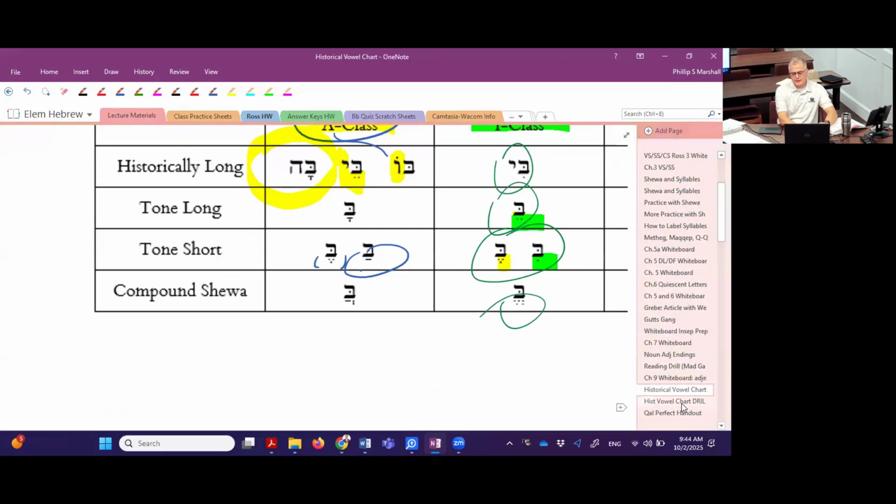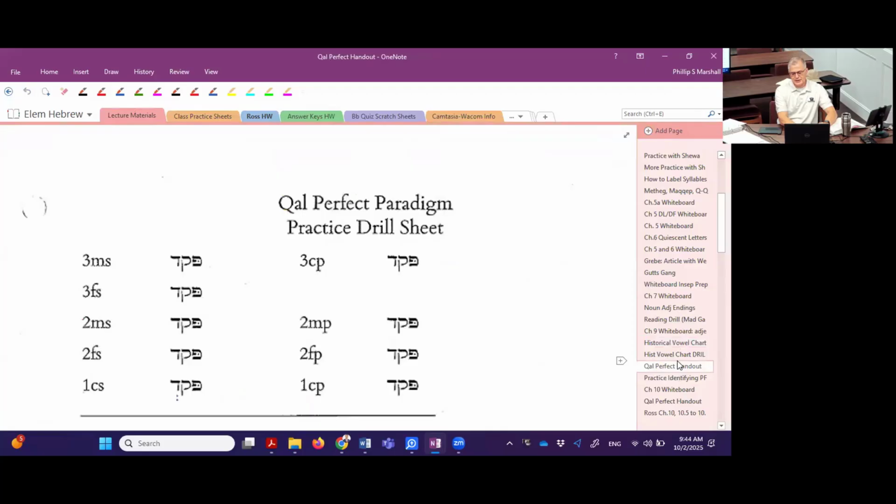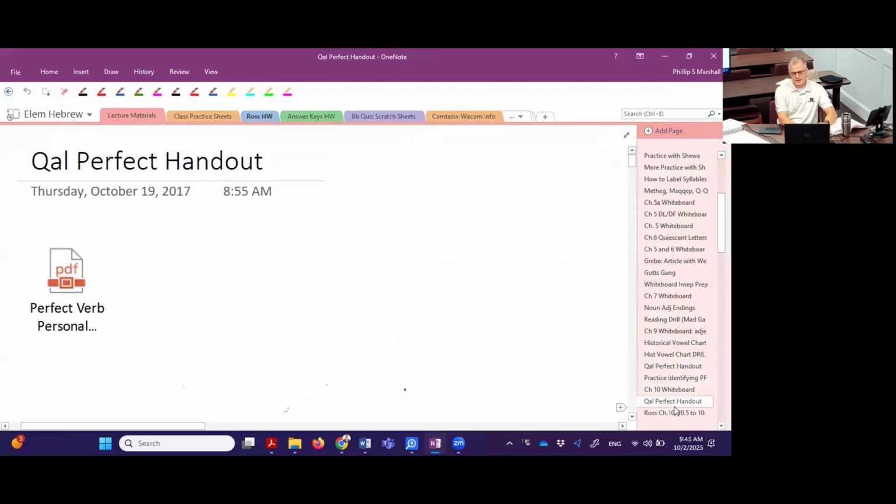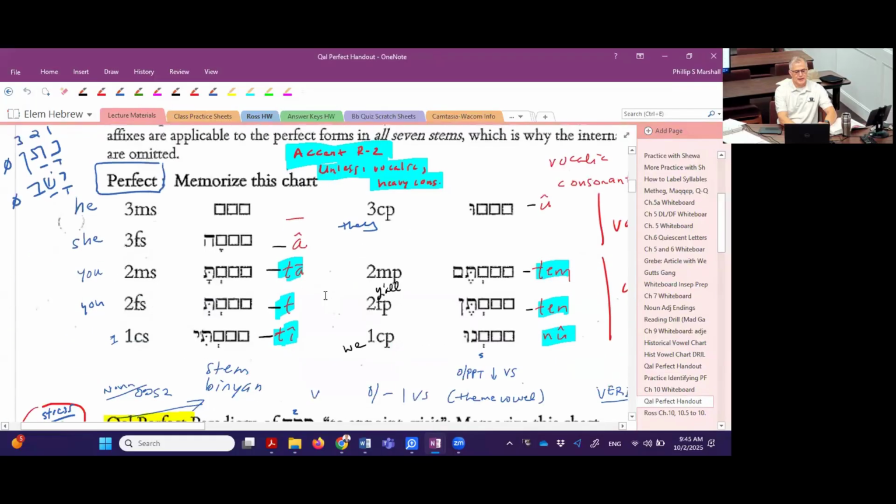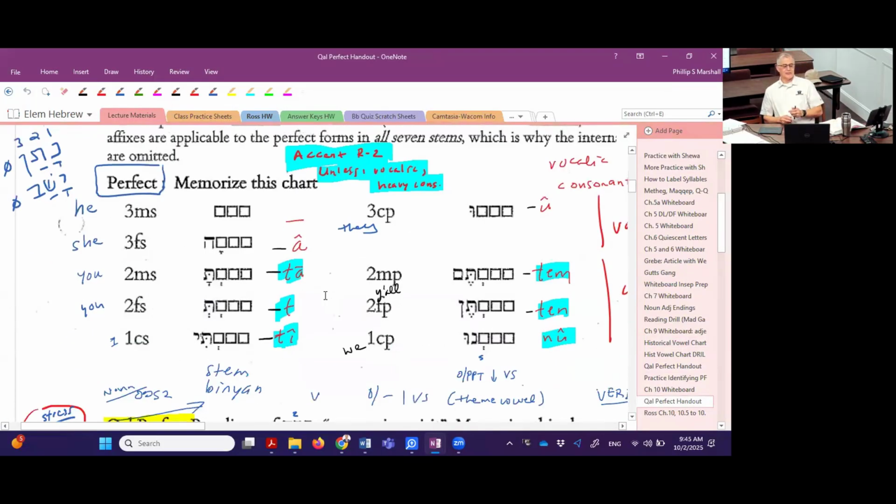What we learned in our lesson for the Qal perfect is that the perfect conjugation is identified by inflectional endings. Endings that show different forms.